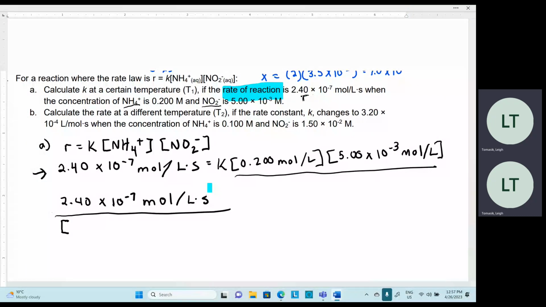If you look at the equation and see that to isolate K, I'm going to have to divide by this and this, that's fine. But I'm doing it the long way because not everybody is always there.